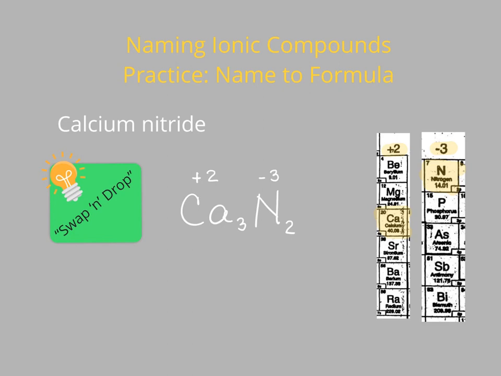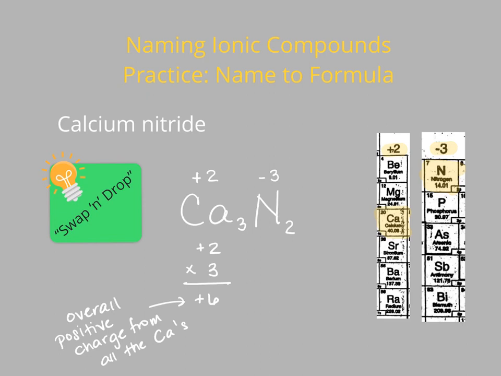So my calciums each have a +2 charge, so +2 times 3 gives me a +6. So within this compound, I have an overall positive charge of +6. For my nitrogens, I have 2 nitrogens, each with a -3 charge, so -3 times 2 is -6. So I have an overall negative charge of -6.